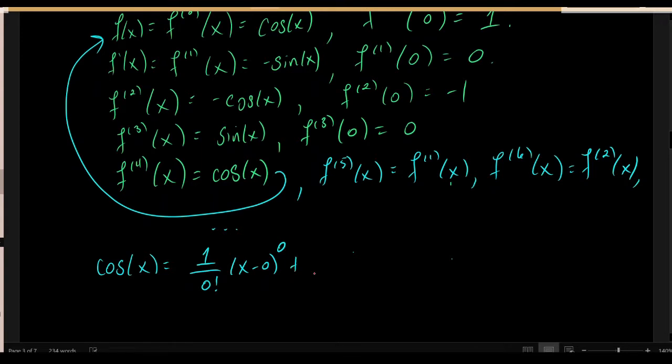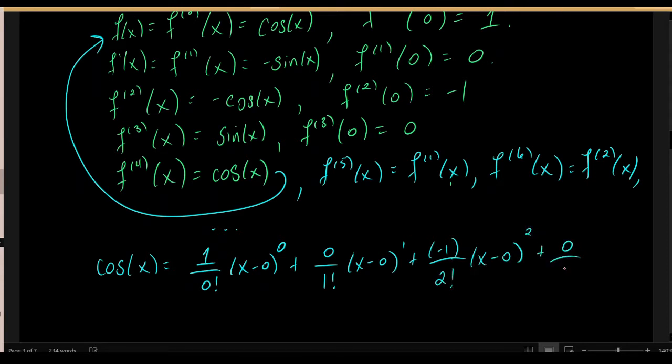The next term is going to be the first derivative divided by 1 factorial x minus the center to the power 1. Then the second derivative divided by 2 factorial x minus the center to the power 2. Then the third derivative, 3 factorial x to the power 3, and so on.